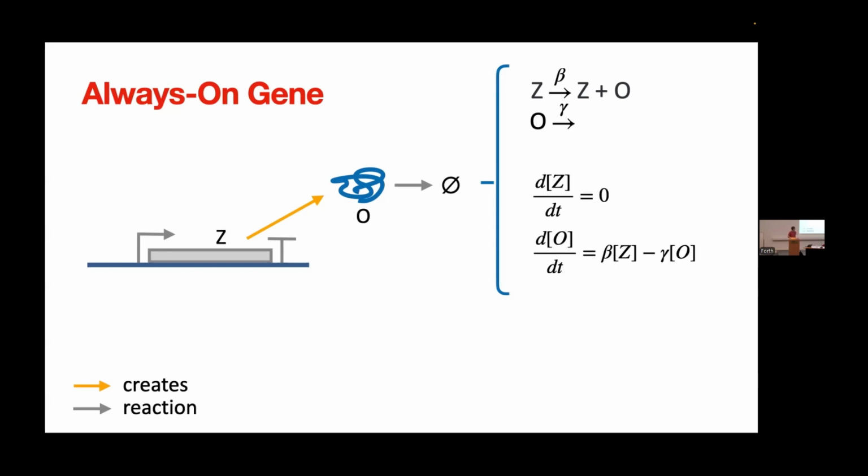Let's try to figure out how the quote unquote easy coarse-grained model would handle that. So ODEs. The rule is that you would have one equation for each species.